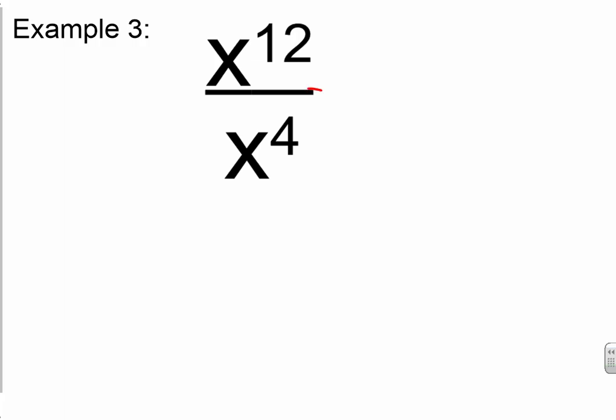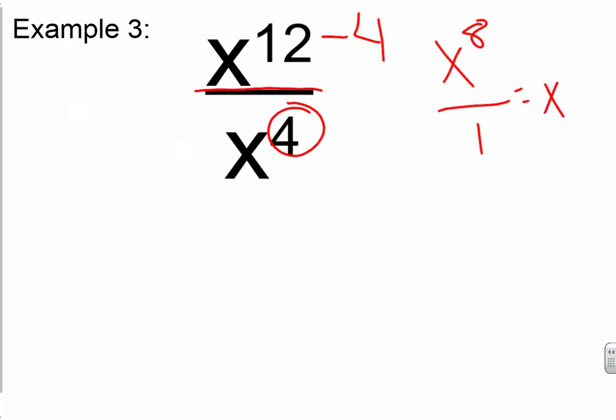I know they're dividing because of this fraction bar. So I always am going to take the top number, subtract the bottom exponent. What that ends up giving me is x to the 8th over 1, which is just x to the 8th. Final answer.